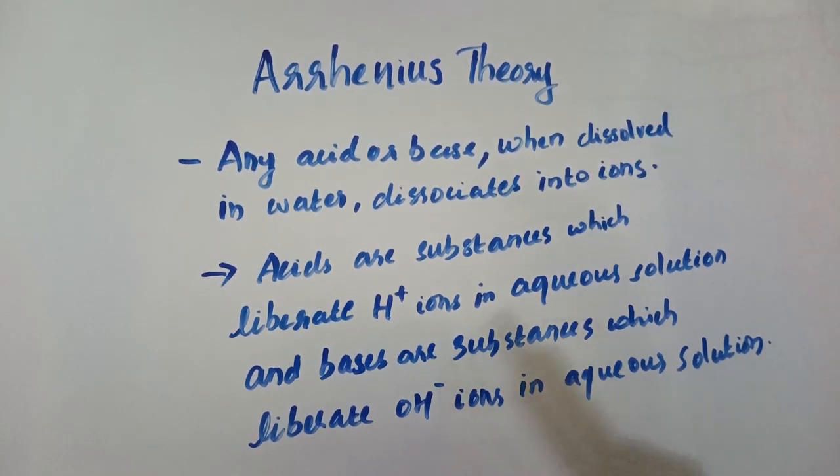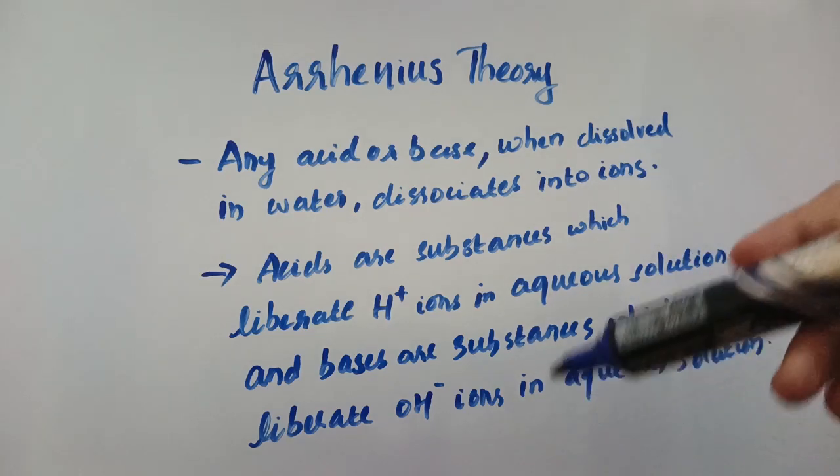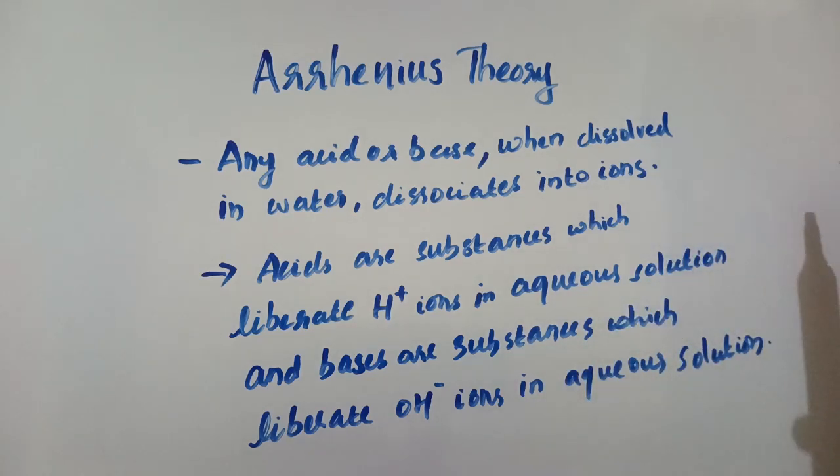As we explained before, acid produces H plus ion when dissolved in water, and base produces OH minus ions when dissolved in water. That is what Arrhenius theory states.